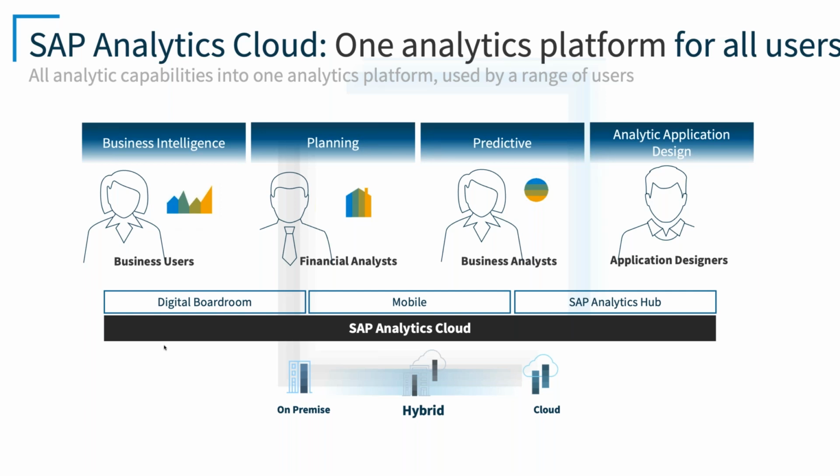Predictive requires a bit more understanding of how statistics work, but that's embedded in the solution as well. And the last one to the right, Analytic Application Design, is what we'll be looking at today. The end solution can really help streamline processes in planning and BI, but building them out is one case where you will need application designers.